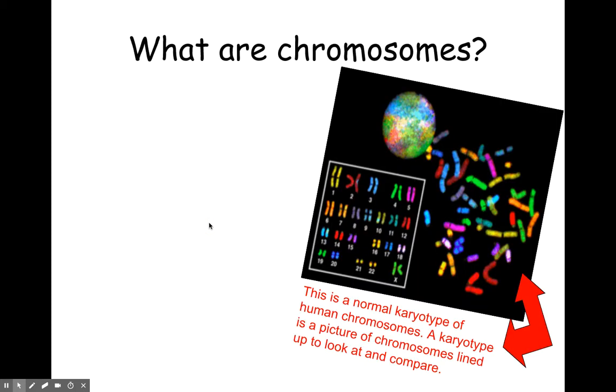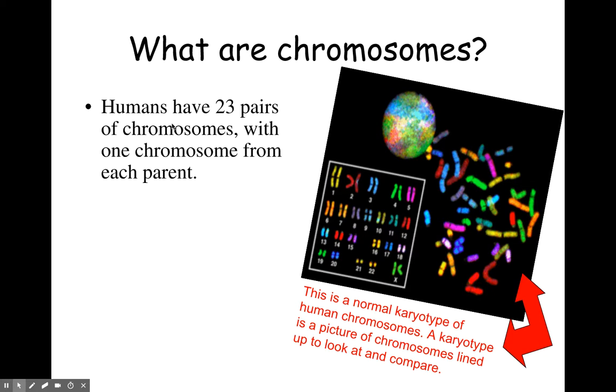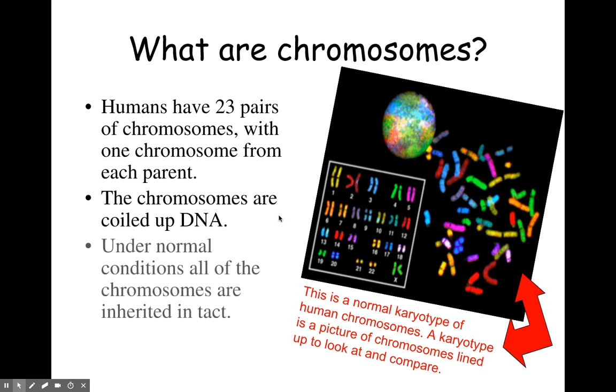Let's just refresh what a chromosome is. So humans have 23 pairs of chromosomes, with 1 chromosome coming from each parent. The chromosomes are coiled up DNA, and under normal conditions, all of the chromosomes are inherited intact. So this right here is what we call a normal karyotype of a human chromosome.